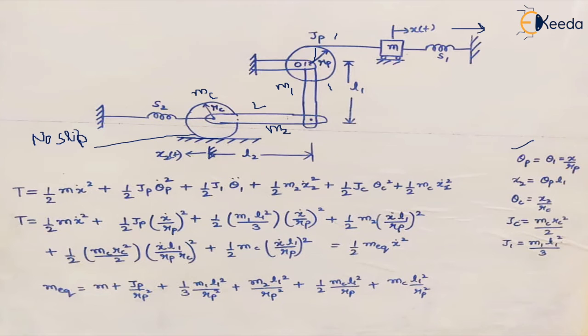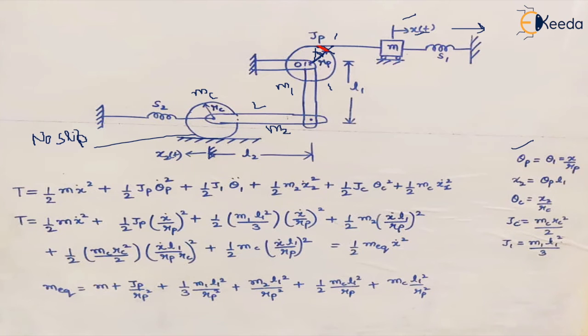We can write this in terms of displacement, which is x upon rp, if this is the radius of the pulley, rp. So theta p is what? This angle theta p can be written as x, because this much displacement will take place if this mass has displacement x. With the same curvature, this pulley will rotate. So theta p becomes equal to x upon rp.